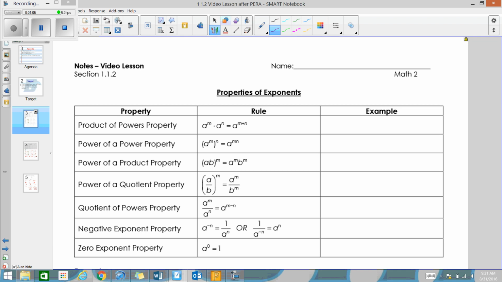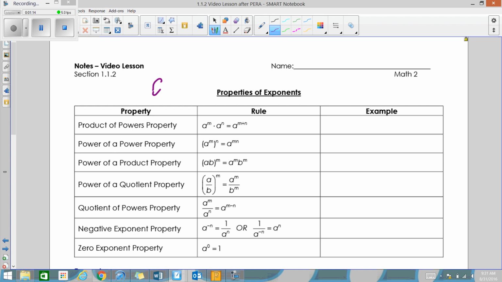Product of powers is basically saying that when you have two terms with the same base. Let me explain. If we had a to the m power, the a is the base, and the m is your exponent. Since our base is the same, if you see two exponent terms being multiplied, all you do is add the exponents.